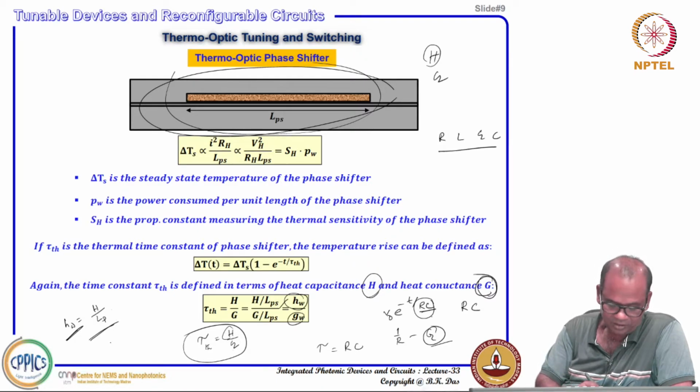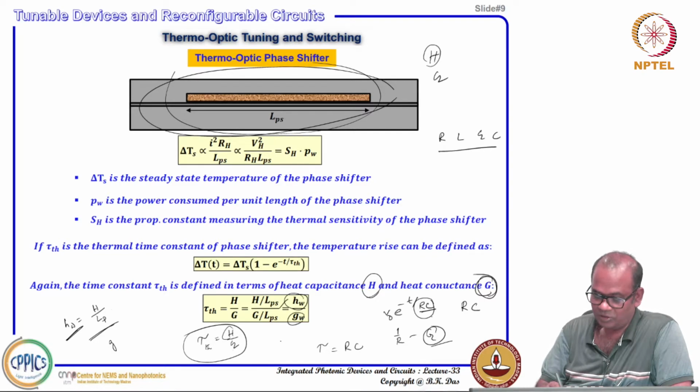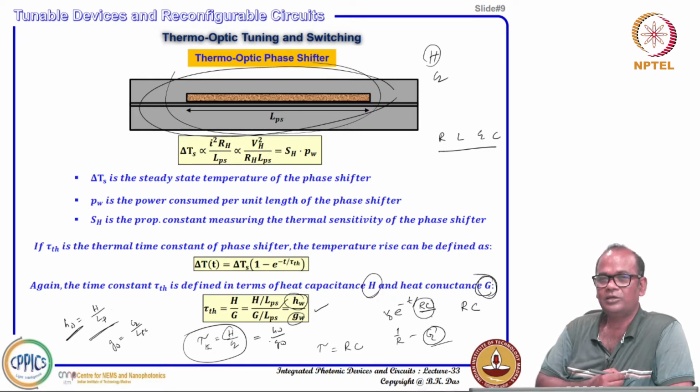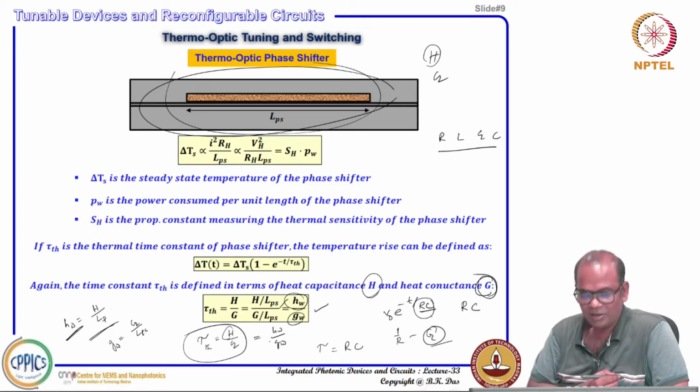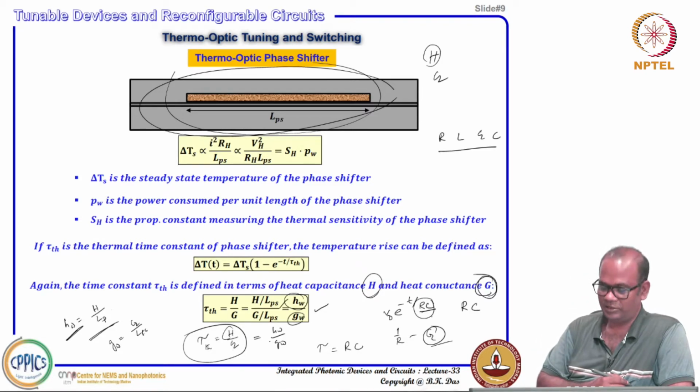Similarly, you can define distributed conductance, that is, overall conductance per unit length, distributed over the entire phase shifter LPS, so GW. So instead of this one I can write per unit length, just normalizing with the length, and that will be the thermal constant.